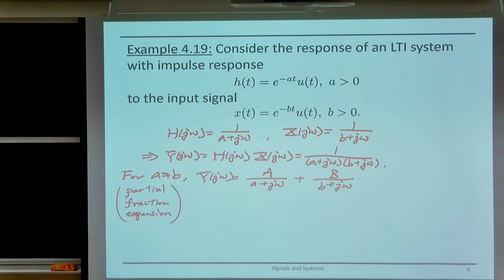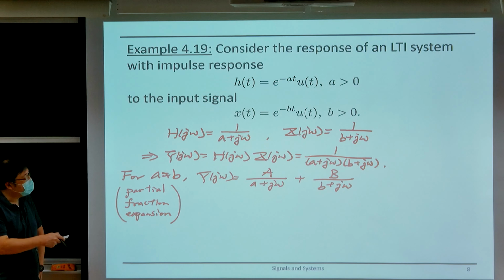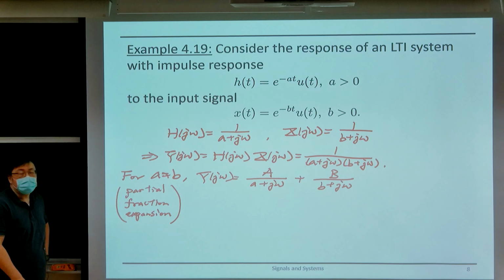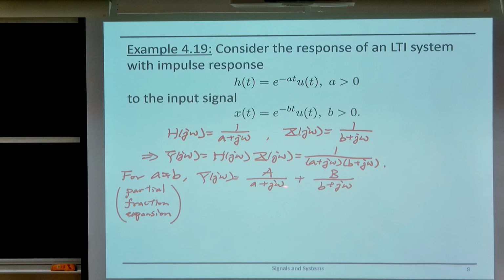You may have used this before in your calculus class. The way this goes is that when you have 1 over the product of these two terms, you can split them into a constant over the first term plus another constant over the second term. So then the question is, what are these constants? Basically, you can combine the two.